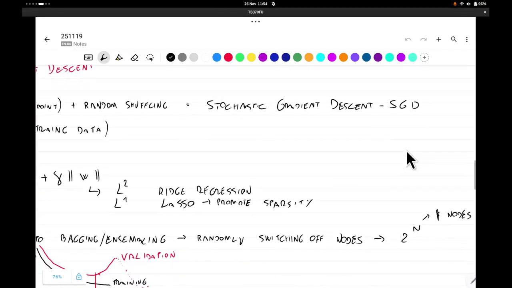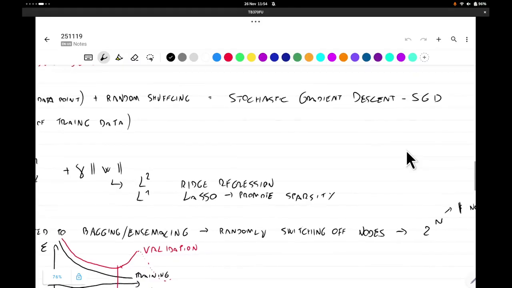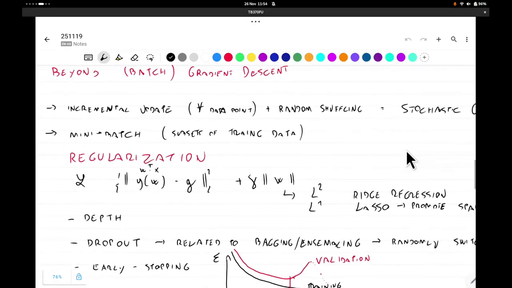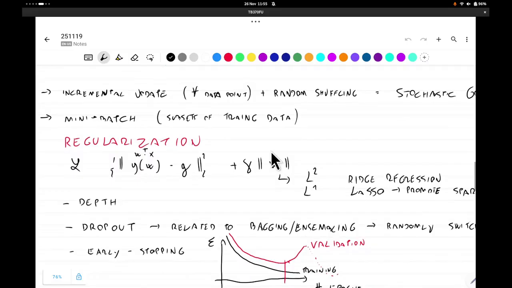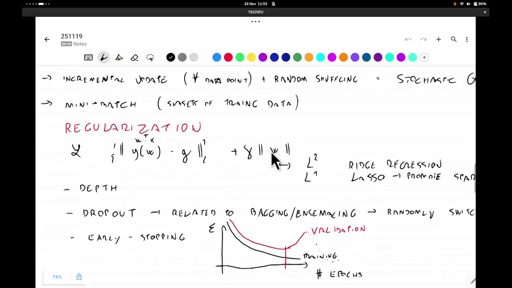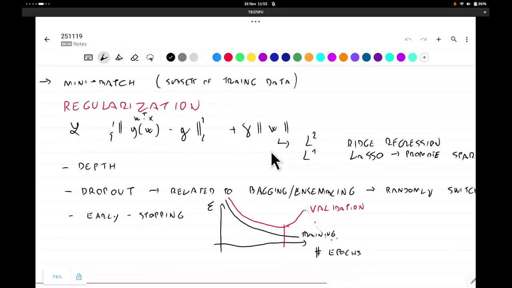That is basically one of the most common keywords one hears when reading, talking about neural networks. And even better than this incremental update is so-called mini batch. So you do the update every subset of training data, so it's more stable from the optimization point of view.